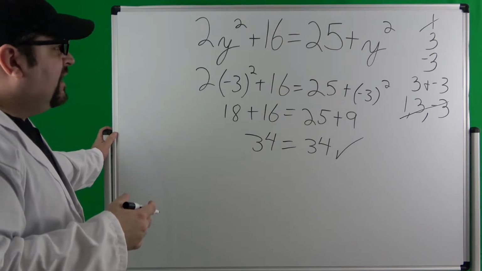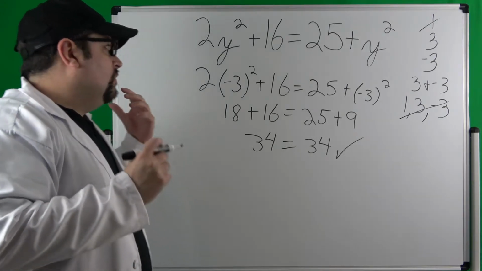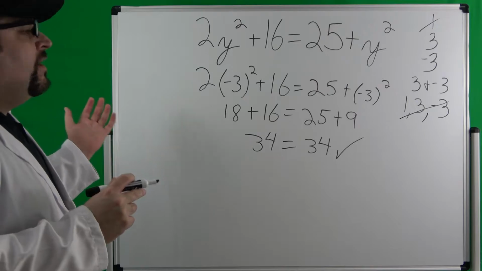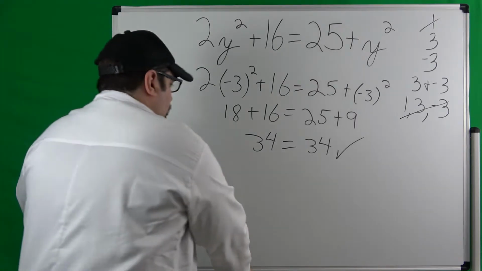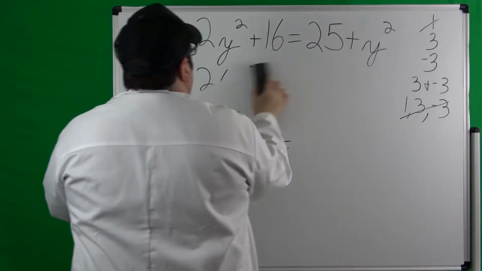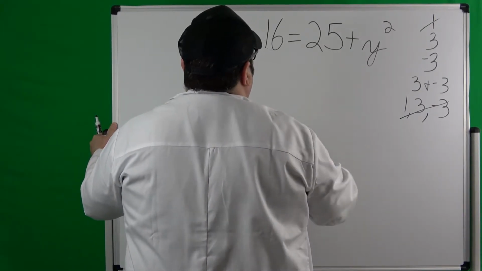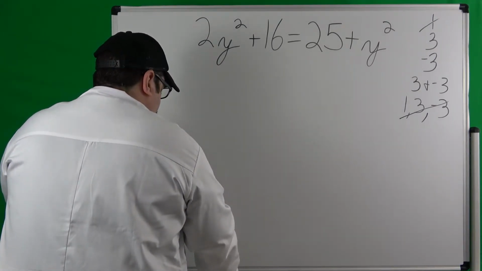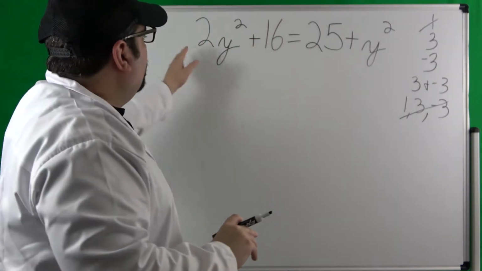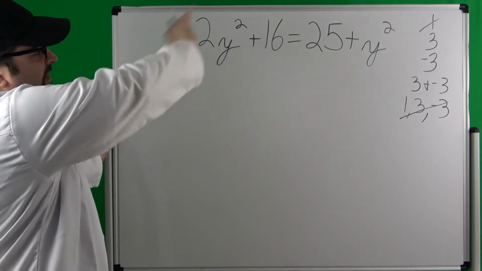Good job. That's easy. But what if you look at that and the first thing that comes into your mind, you think, oh, I have to set it equal to 0 and factor. Well, we can do that too. So the first thing you have to do is get the squared variable by itself, everything equal to 0.